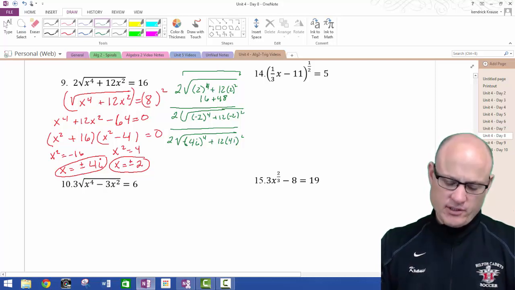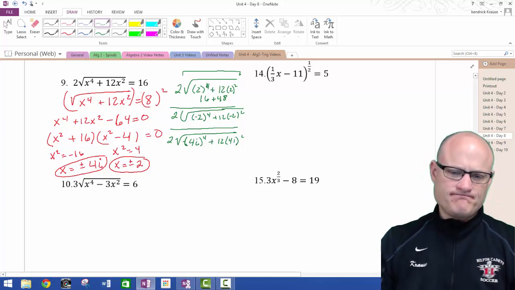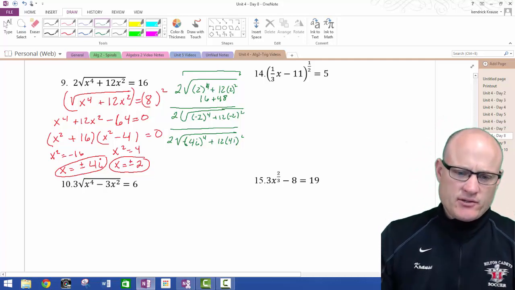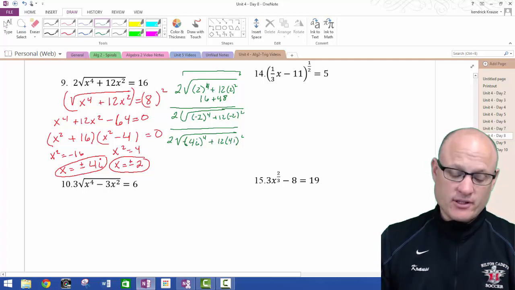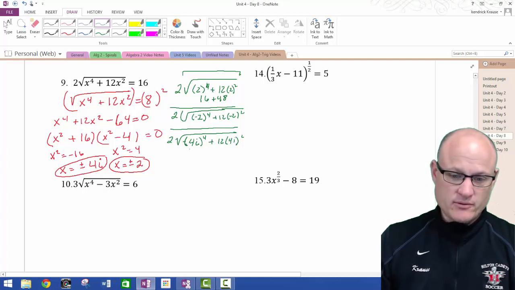So let's see here. 4i to the fourth. That's going to be kind of tricky. i to the fourth is just 1, so I don't need to worry about that. With 4 to the fourth, 4 times 4 is 16, times 4 is 64, times 4 is 256, I believe.